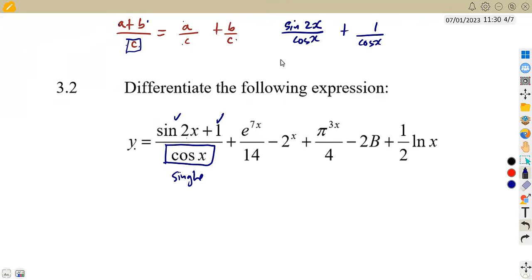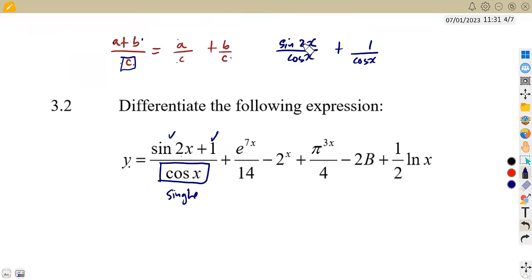Once you are at this stage, you can simplify in whatever way. Remember, once you've got sine 2x separated like this, you can apply our double angle identities. The sine of 2x is the same as 2 sine x cosine x.